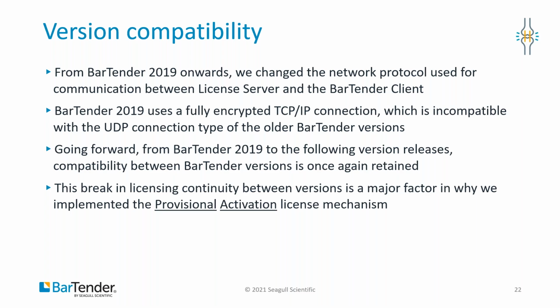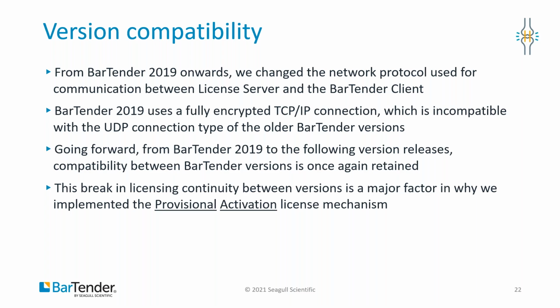So, for example, if you're upgrading from 2019 to 2021, the license server and the BarTender clients are compatible. So there's less need for making use of provisional activation.